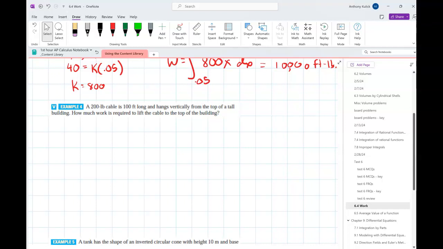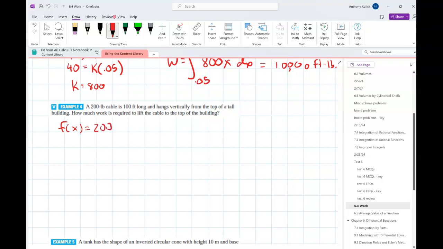So let's start by writing our force function, right? So what force is acting here? Gravity. Good. And how does gravity work as a force? It's mass times acceleration.